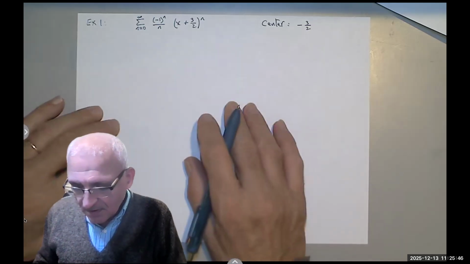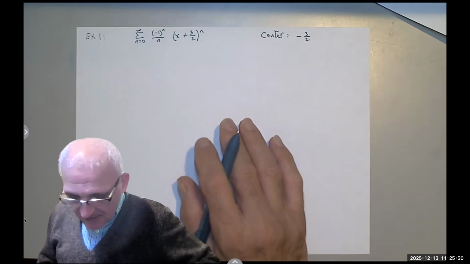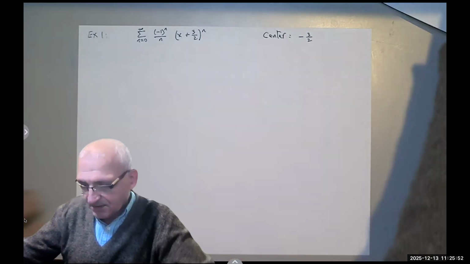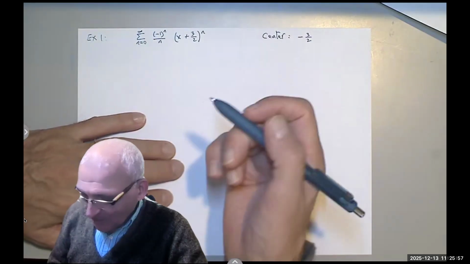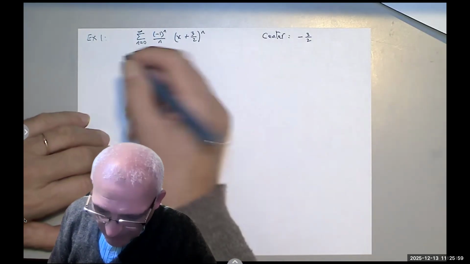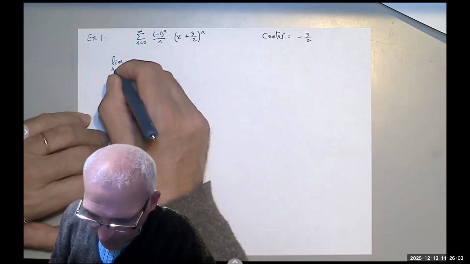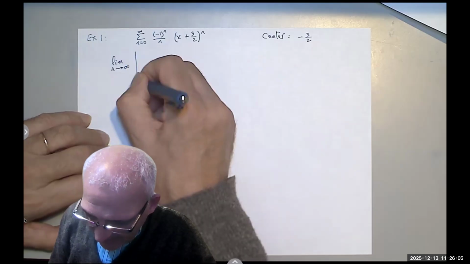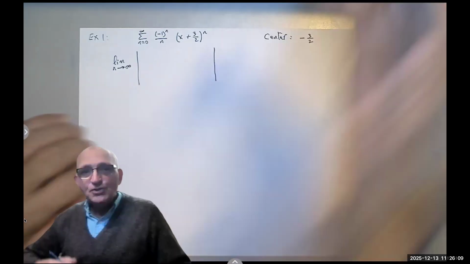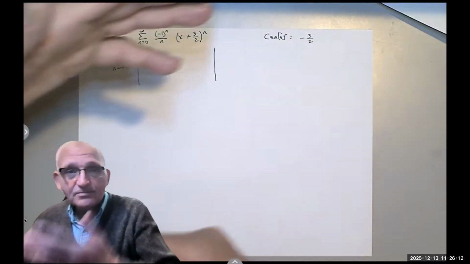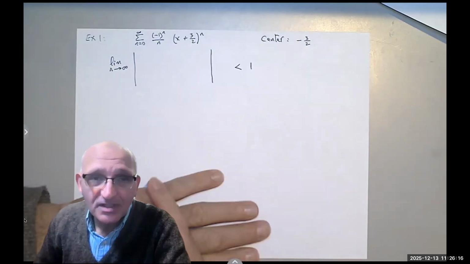So we said, as usual, we are going to use the limit comparison test. And the way we do it is that we take the limit as n approaches infinity of the absolute value of u sub n plus 1, the next term, over u sub n, which is the current term, and make sure that this value is less than 1.